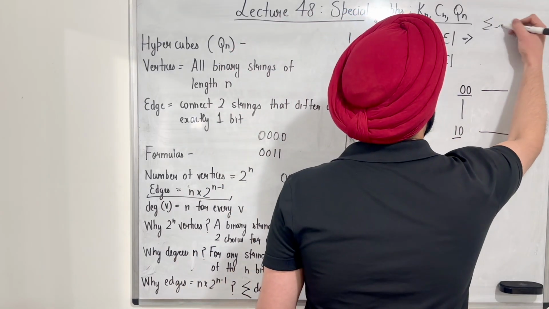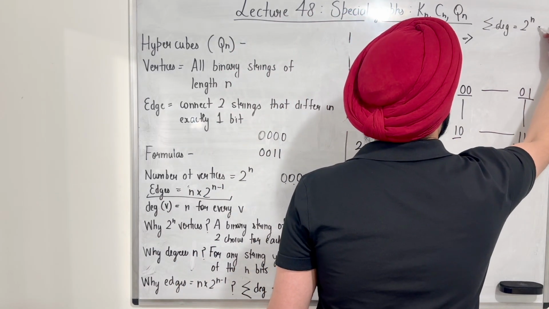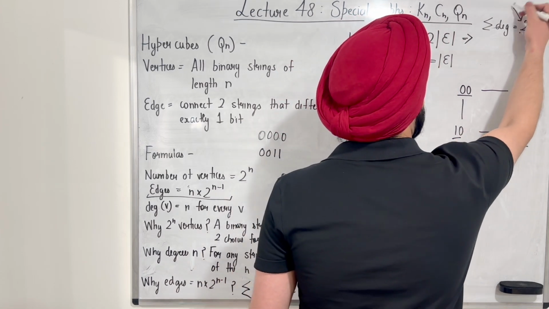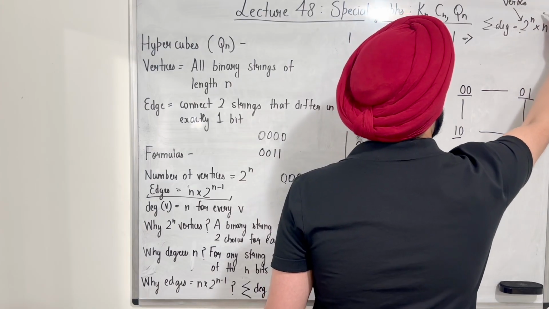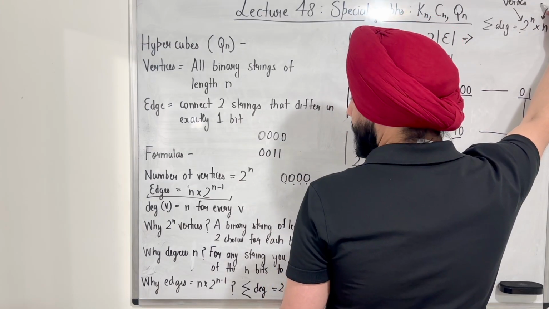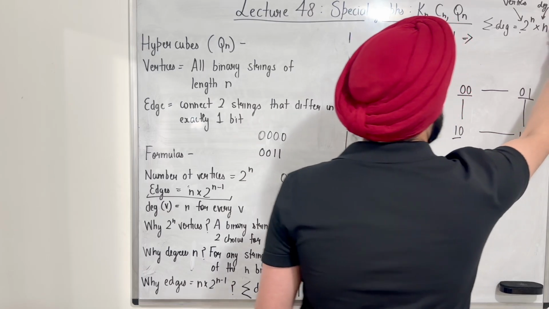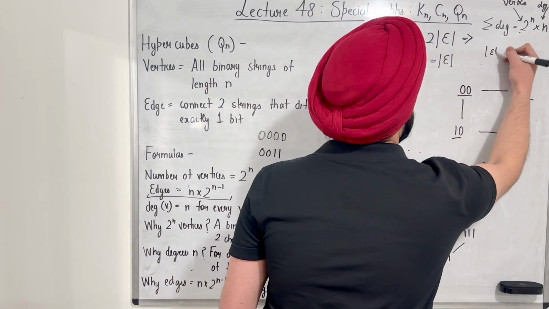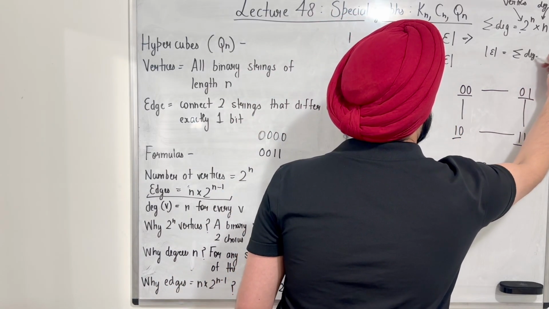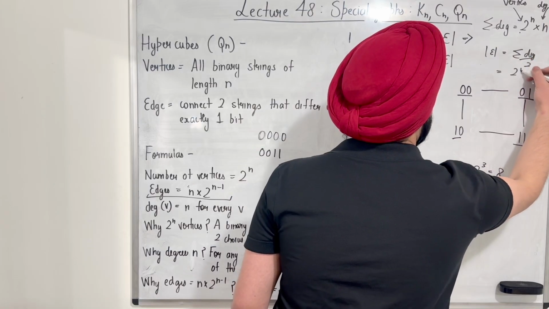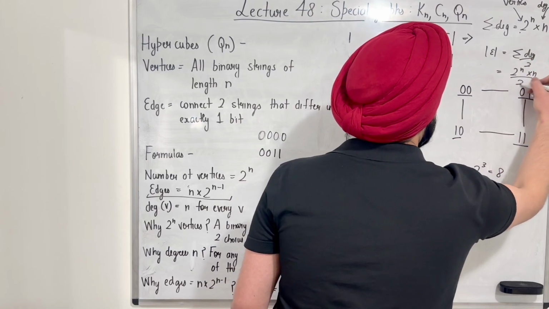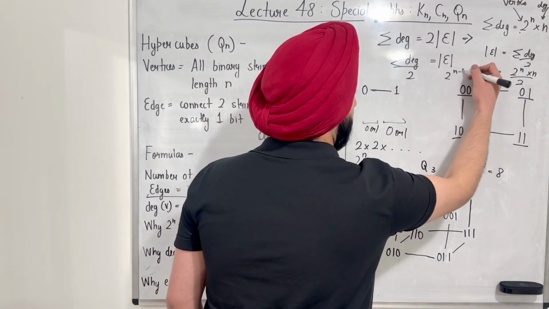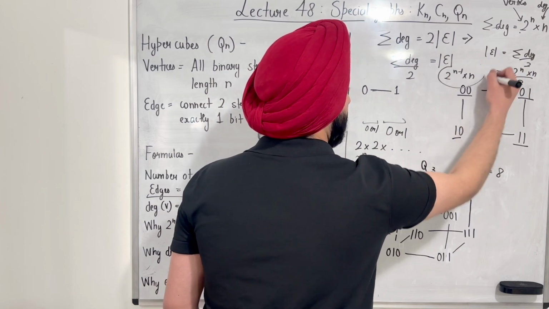So sum of degrees is equal to 2 to the power of n multiplied by n. I hope this makes sense because this is the number of vertices, right? And this is the degree of each. So if you want to find the edges, E is equal to sum of degrees divided by 2, which is equal to 2 to the power of n multiplied by n, divided by 2. And all you can do is, if you just reduce this, you get 2 to the power of n minus 1 multiplied by n. And that's your final answer.